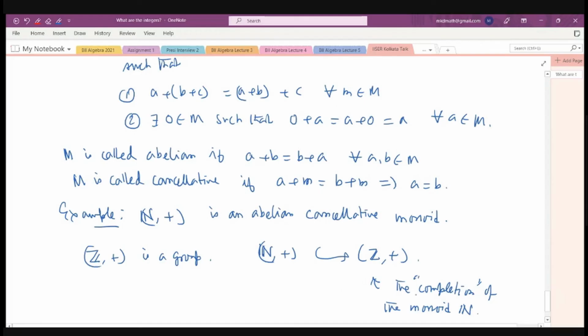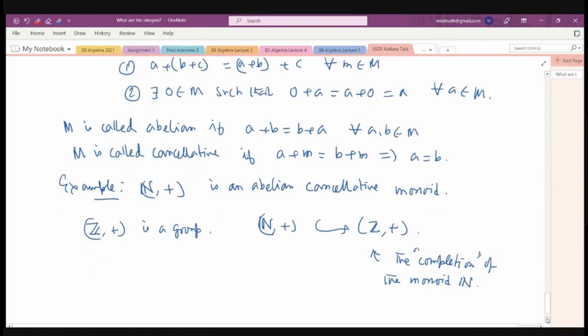So this is a kind of completion of the monoid N. Completion you have seen in other areas like real analysis. You know that Q is incomplete in some sense. Something was not happening in Q. Then you construct real numbers and you say that R is the completion of Q. So here again, something was not happening in natural numbers. I was not able to solve every equation. So then I constructed something where I have those negatives, those solutions. That's why I'm saying completion.